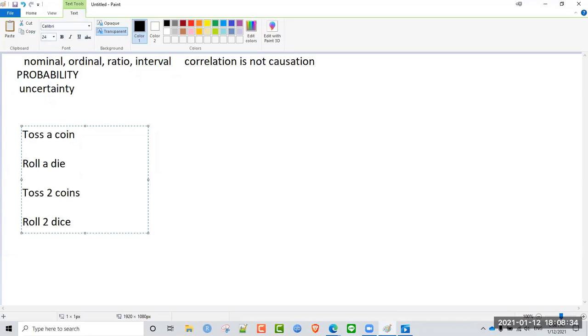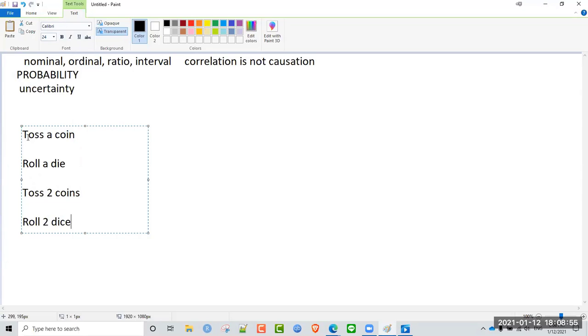Now, these are not really business questions, but we want to study probability, and we want to make it simple at first, and then we'll expand to how we can use it in a business setting. We want to do it with something easy first. So these are what we're going to start with.